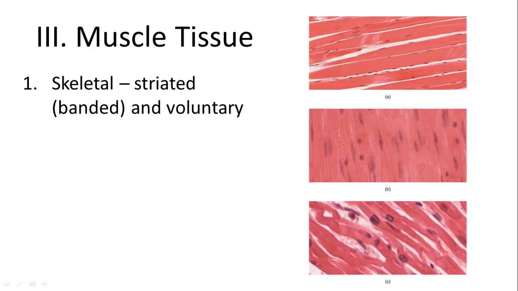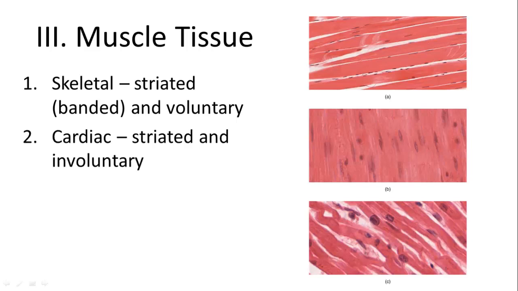And then it has these peripheral nuclei, and it doesn't branch, and so that's skeletal muscle there. The cardiac tissue is similar, that's down here, but it also has these branches coming off of it, and it only has 1 nucleus per cell. Smooth muscle is shaped differently and all smushed together, but it doesn't have striations.